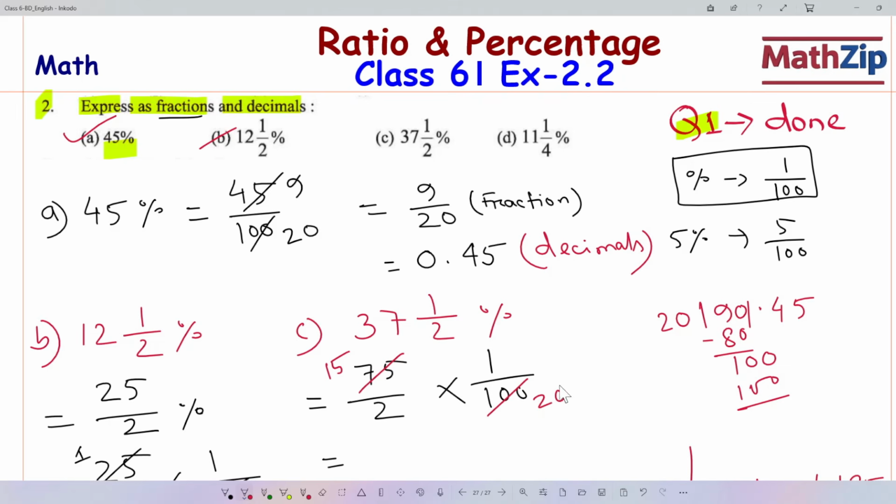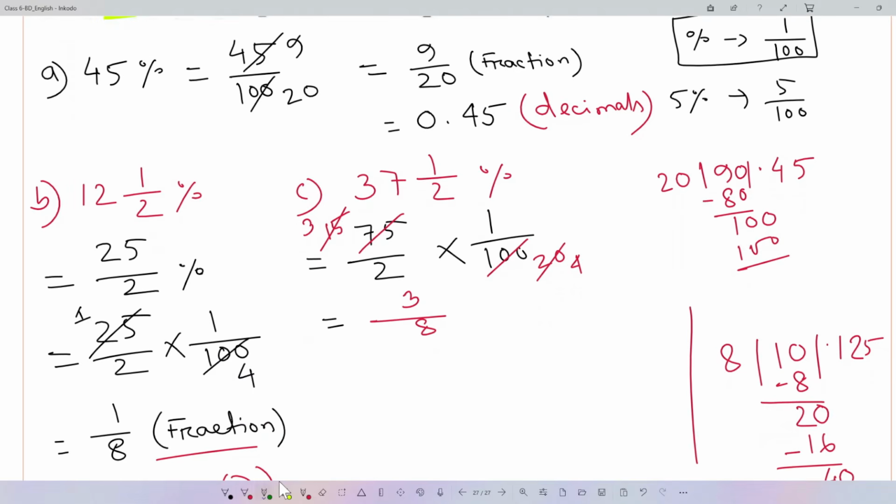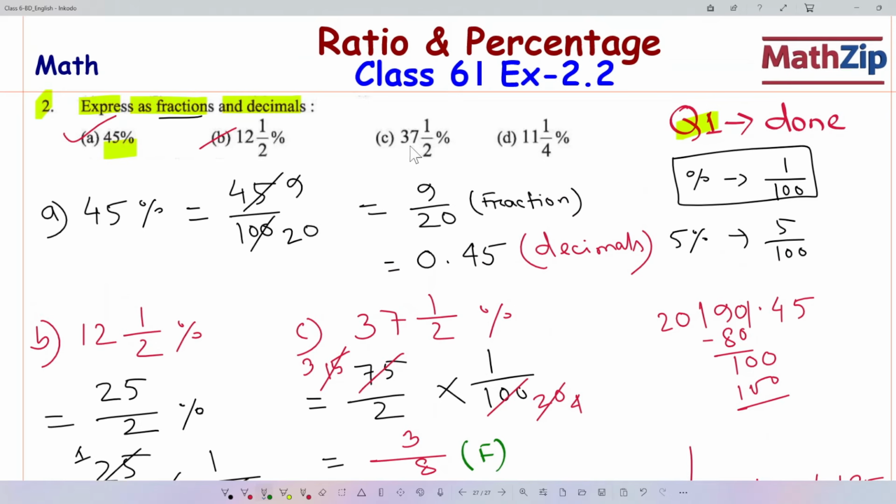Then we can divide 15 by 5 to get 3, and dividing 20 by 5 we get 4. So here is 3 by 2 times 4 is 8. This is our fraction. Now we will convert this to decimal. 3 divided by 8, we can use a calculator, it will be 0.375. This is the decimal. Okay, so number C is done.